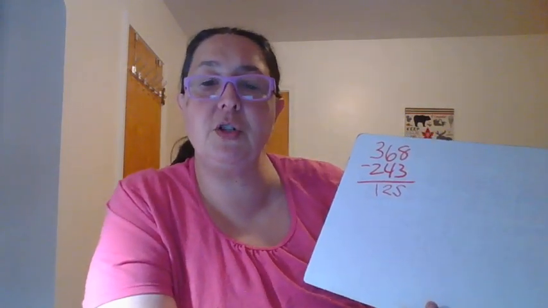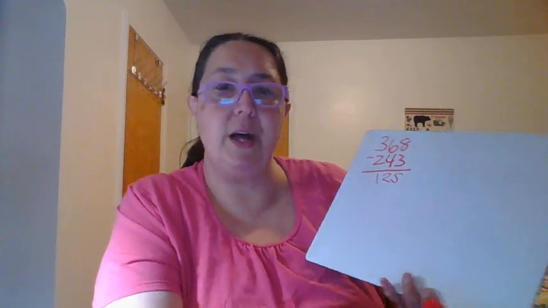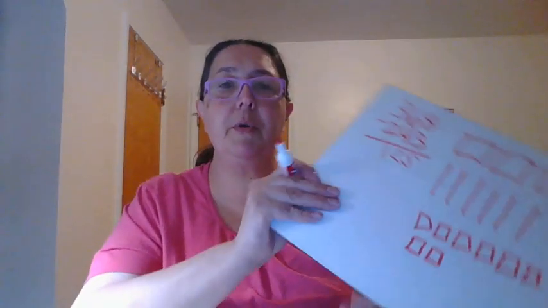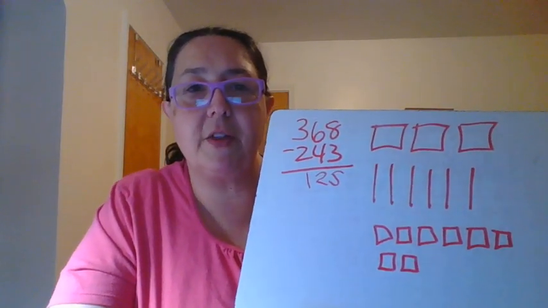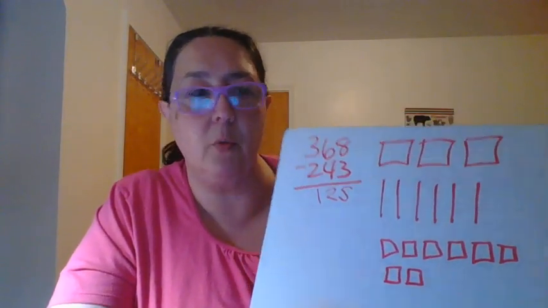Now, what if you had wanted to draw a picture? How would you do that? You'd have to draw the hundreds, tens, and ones. Let me draw this for you so you can see what this looks like. Remember, when we're doing our drawings, we want to make sure that the hundreds are bigger than the ones.